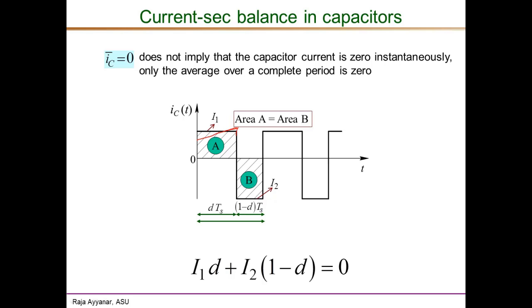This is very often just a part of the inductor current which has this kind of wave shape during a part of the switching period. So still the current-second balance holds good. All we have to say, in this form of the current-second balance expression, is that the area under the positive part is equal to the area under the negative part, A equals B.